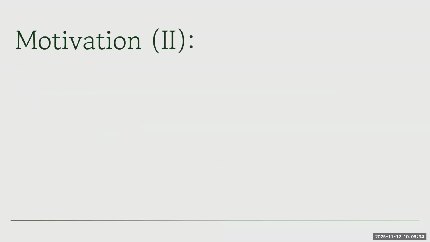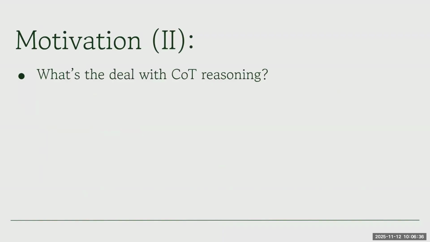And what's the deal with COT reasoning? The authors of this paper noted that previous works have demonstrated that not all layers are equally effective for chain of thought reasoning, or reasoning in general.